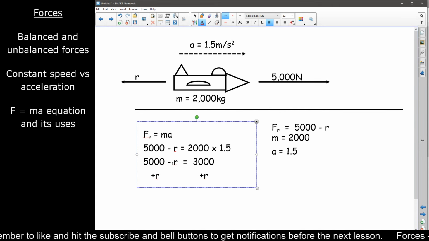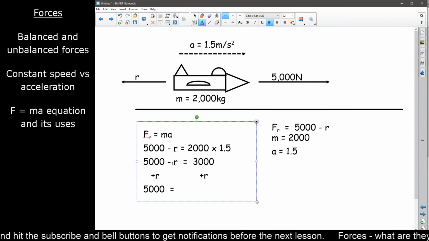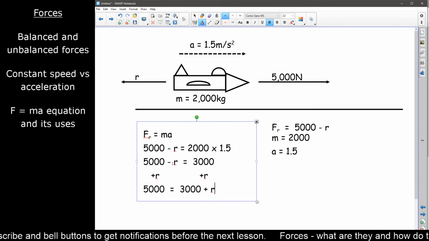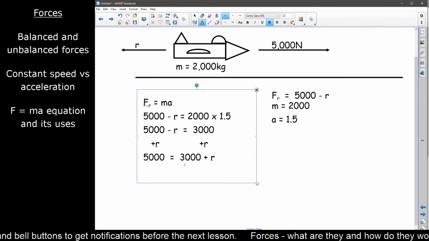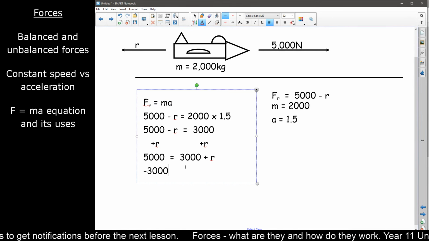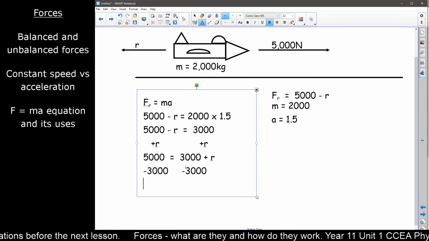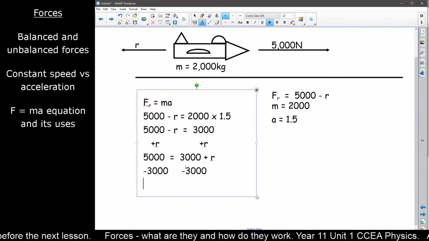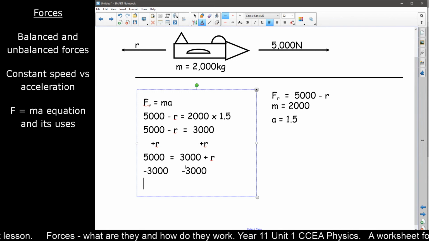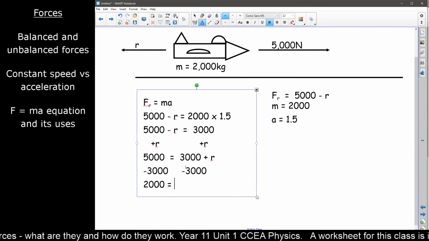That'll give me 5,000 equals 3,000 plus R. So I need another step here to get R by itself, so I'm going to subtract 3,000 from each side. And the little layout here is quite good where you can tell the examiner what you're doing so they can see what you're planning. All right. So take away 3,000 here and we get 2,000 is equal to R.